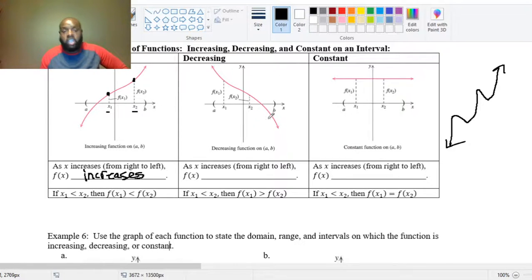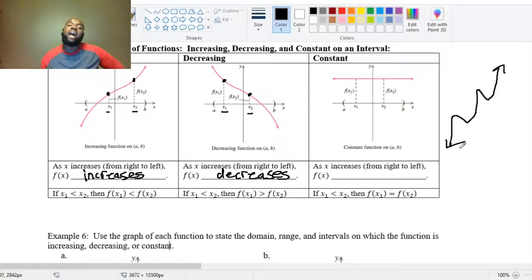When your function is decreasing, it looks like this. It's going down, right? So as x values increase, your f of x or your y values decrease. And so in more technical terms, again, if x1 is less than x2, if your function is decreasing, then the functional value at x1, or the y value, is larger than the functional value at x2, all right?